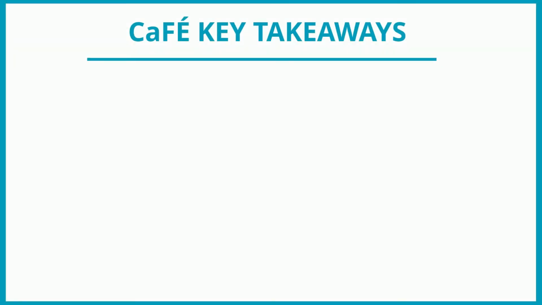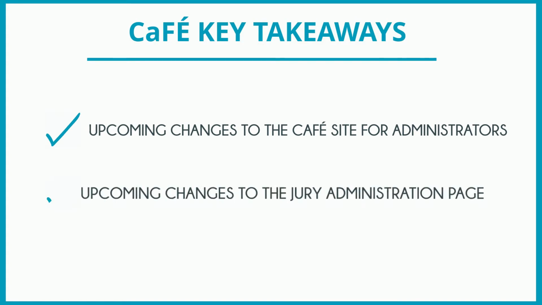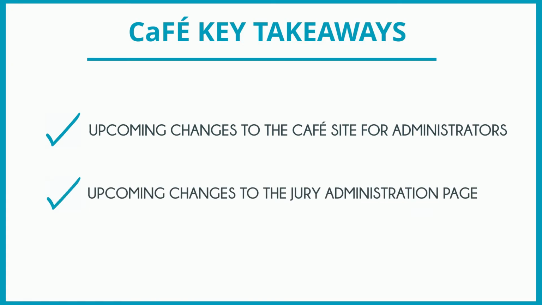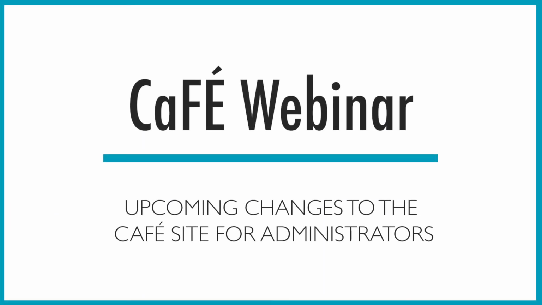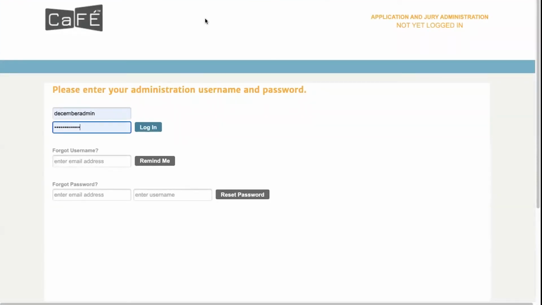Items that we'll cover include the upcoming changes to the CaFÉ site for administrators, specifically the upcoming changes to the jury administration page. As we mentioned, there's going to be a new design and interface to the CaFÉ site for administrators. This specific update will only change the administrator side, the side that you see when you update and administer your calls.